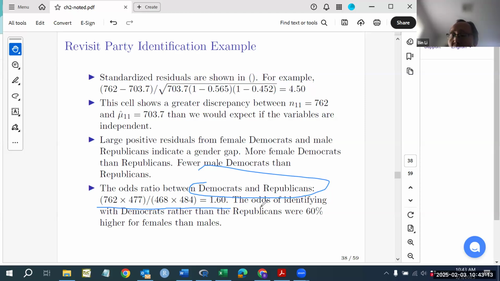Or we can interpret it as the odds of females rather than males identifying themselves as Democratic being 60% higher, right?